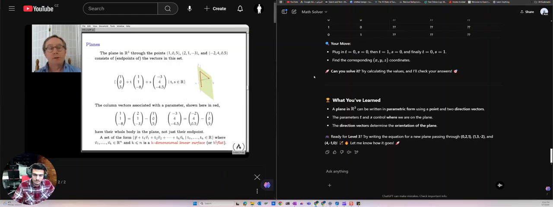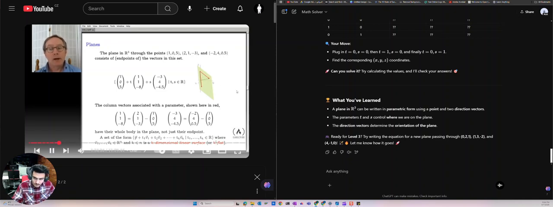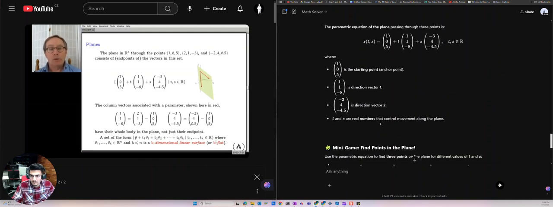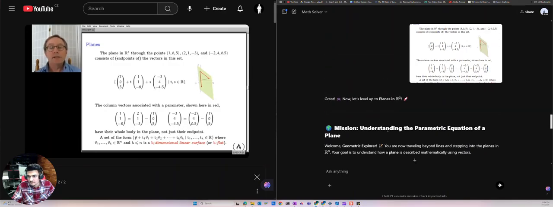A k-dimensional linear surface, sometimes called a k-flat. Okay, so this, of course, takes us back to what we talked about last time, that we are talking about the solution sets of linear systems, and we can see them as having some sensible geometry.